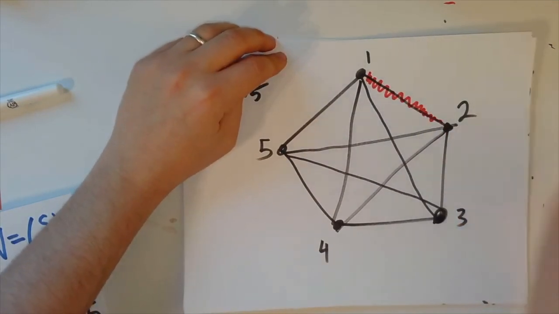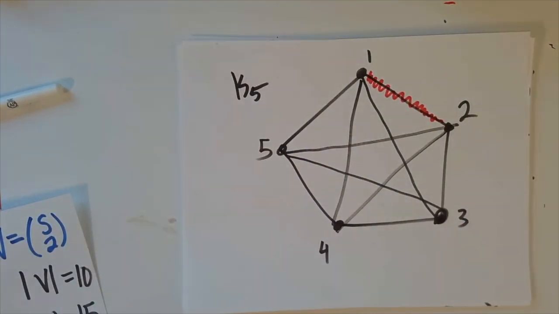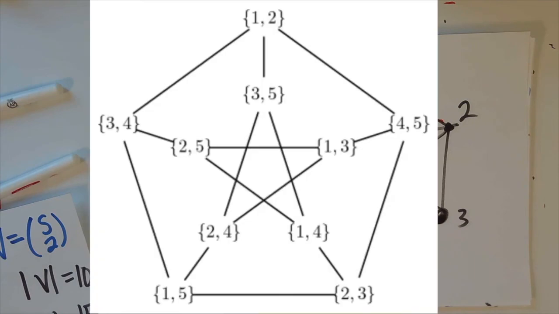And so I will highlight that. And then if I look at, for example, again, in the Petersen graph, one of the vertices that this is connected to, well, this is connected to the vertex 4, 5.